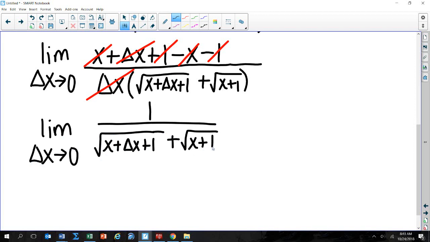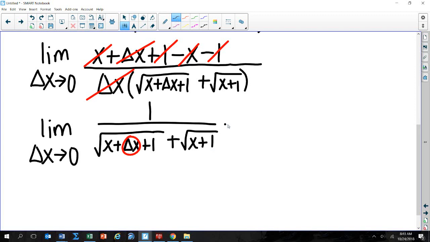Okay, so now that I've reduced everything, right, I've simplified this fraction as much as I possibly can. Now I'm going to go ahead and plug in 0. Where do I plug in 0? Delta x. Okay, so this is going to be 0, and that's really it.